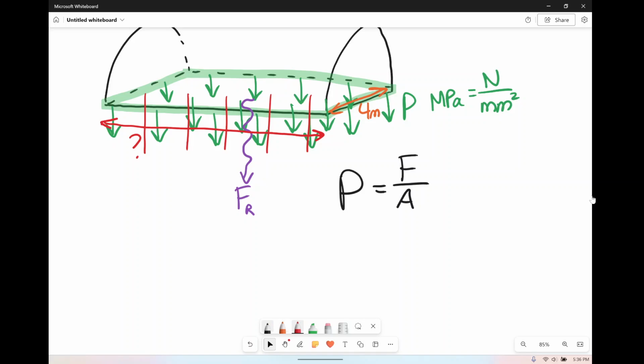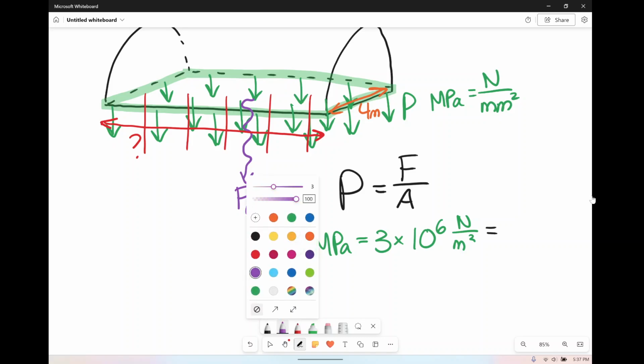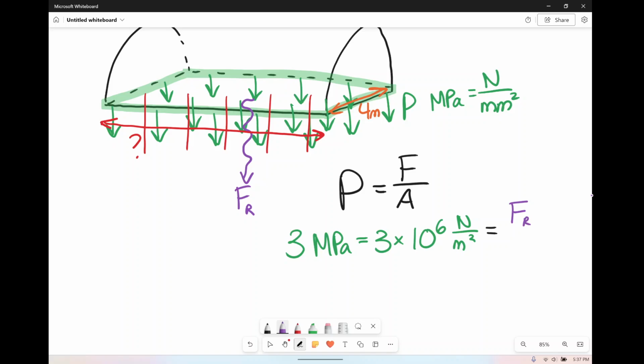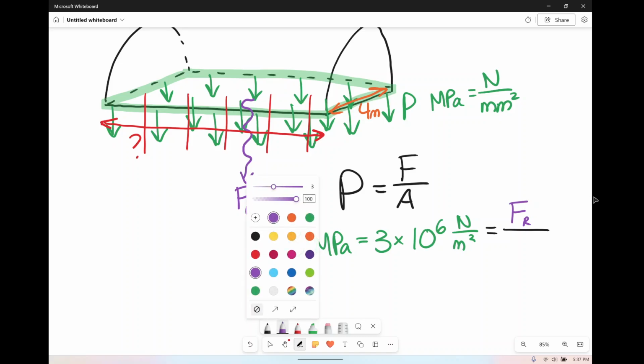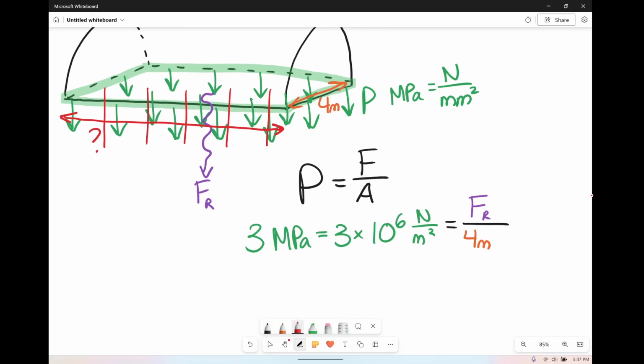So our pressure, again, we said 3 megapascals. Now, a megapascal is what? 3 times 10 to the 6 pascals, and a pascal is a Newton per meter squared. And again, that's going to be equal to our force resultant, the force that we've got to use all of our bolts to hold, over the area. And our area, we said, was 4 meters, effectively per meter, right?